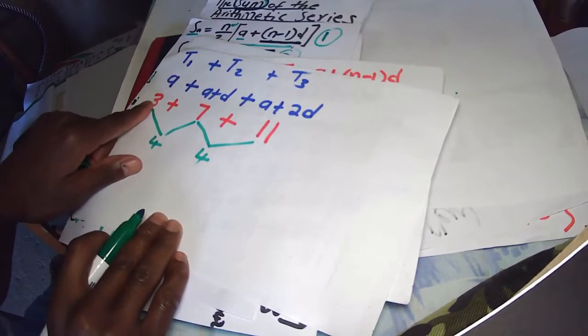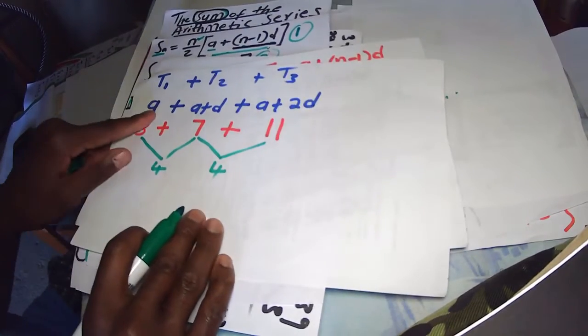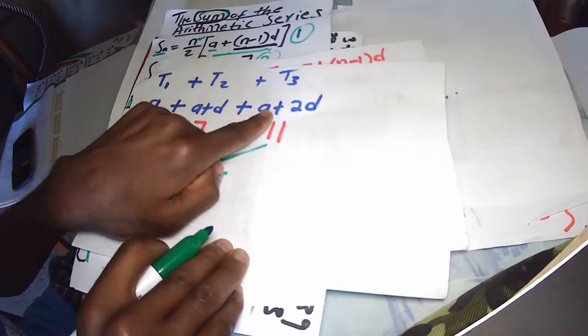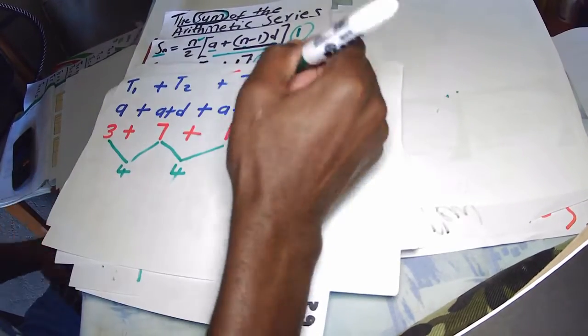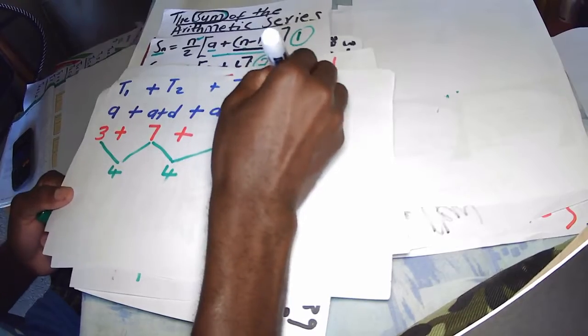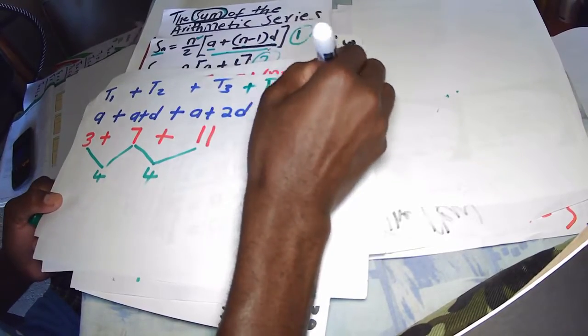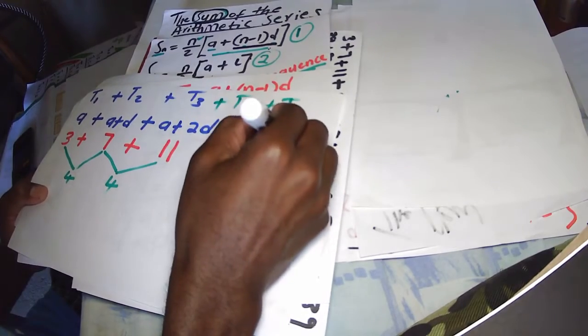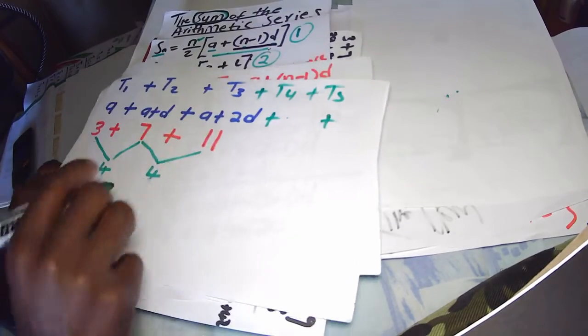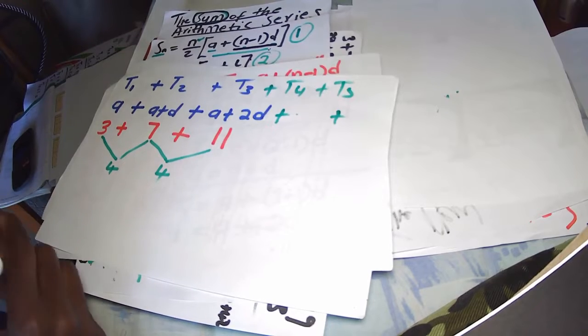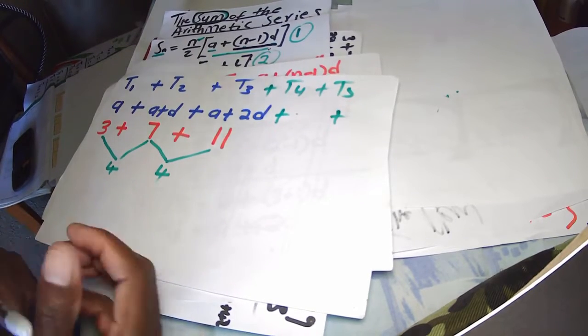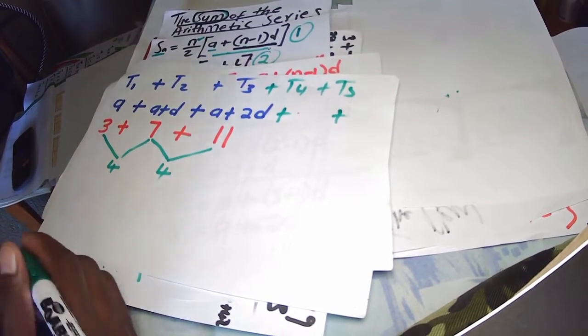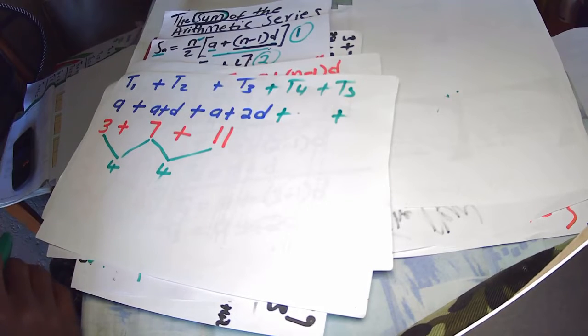Look at this, this is what we received: A plus d, plus A plus 2d. This can continue, we can get T4, we can get T5, plus something until the last term. We can progress as much as we want.